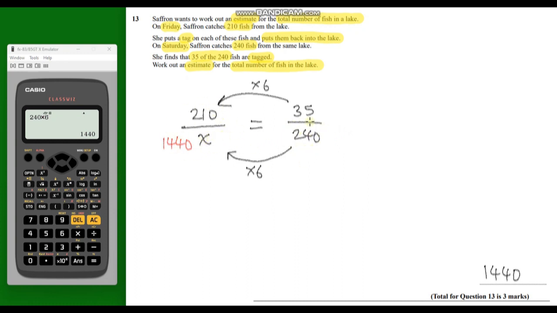So now if she's only taken 240, then only 35 of them will be tagged. So hopefully you can see why these two fractions should be equivalent fractions. And another way of thinking about it is that this here is just a sample. So if this is a sample of the whole population, you would expect the proportions to be the same.